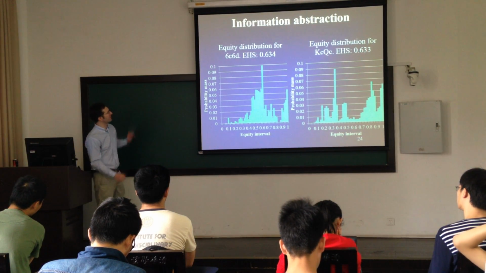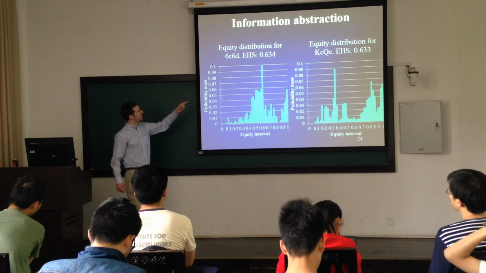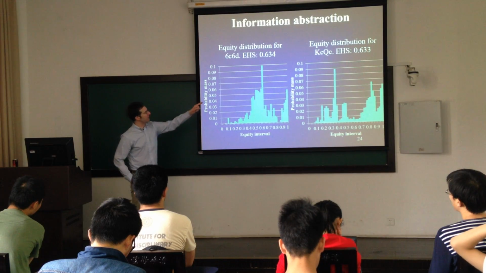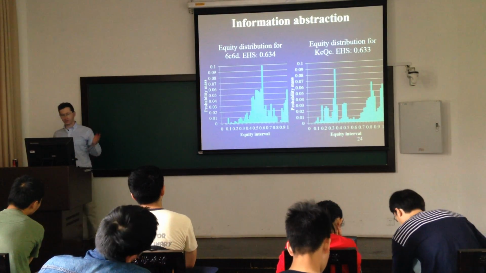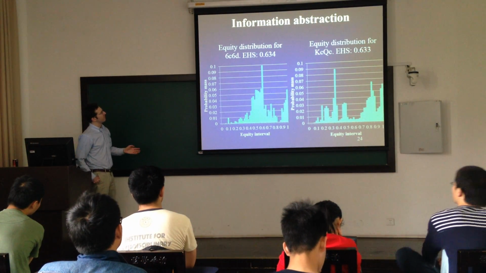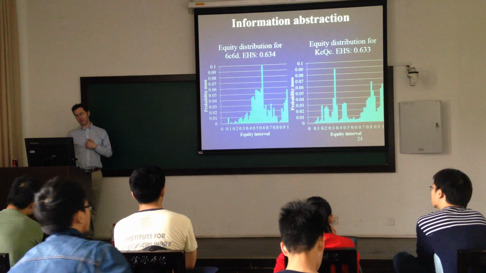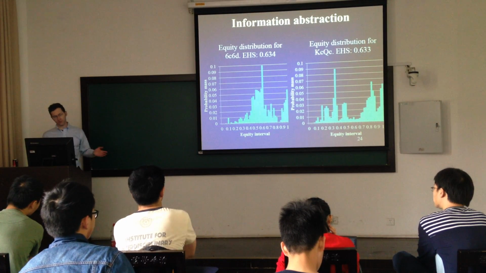For 6-6, it turns out that the expected hand strength, EHS, would be 0.634, and for the king-queen of clubs, it would be 0.633. Using that metric, you would say these are very, very similar hands. And actually, the initial agents for poker, the initial abstraction algorithms, did use this metric.